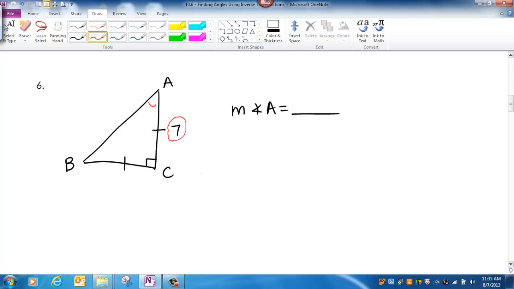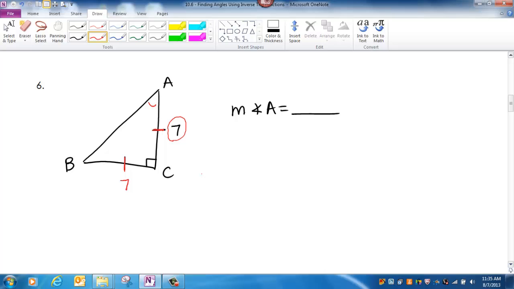But notice that there's a slash mark here for side AC and also one here for side BC. That tells us that side AC and side BC are congruent, which means that side BC is also 7 units long.